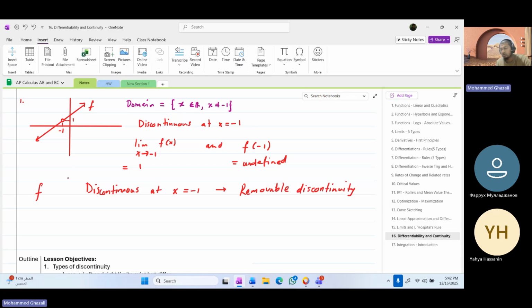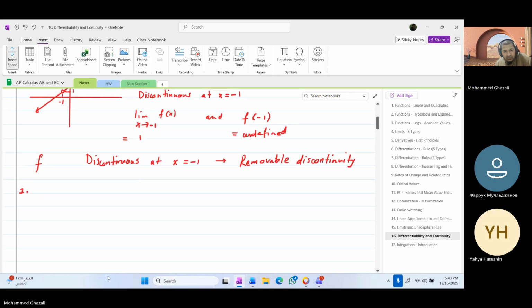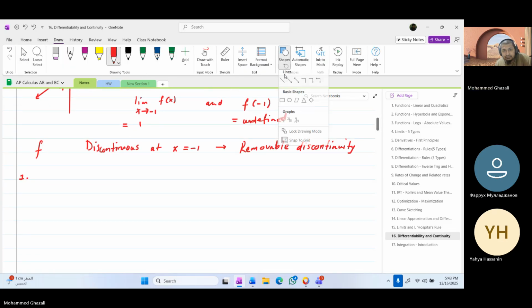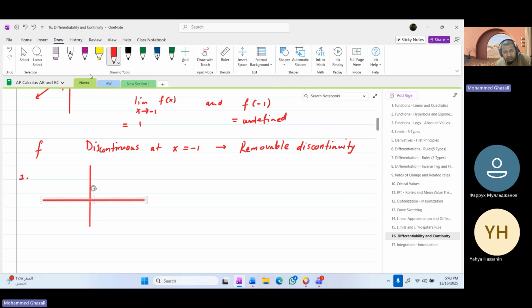Are we good? So a removable discontinuity is a discontinuity that has a hole in the graph. Number 2, the second type of discontinuity. I'm just doing this in general, right? But you will see more different types of functions.